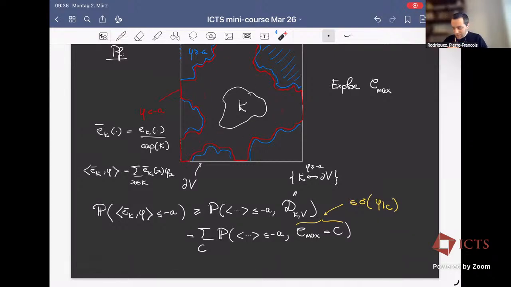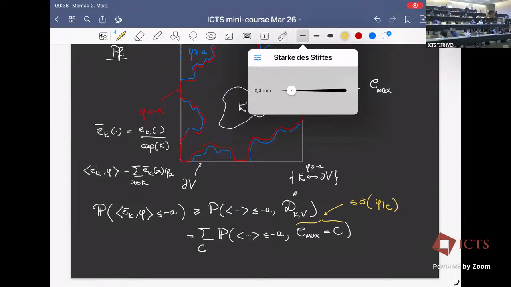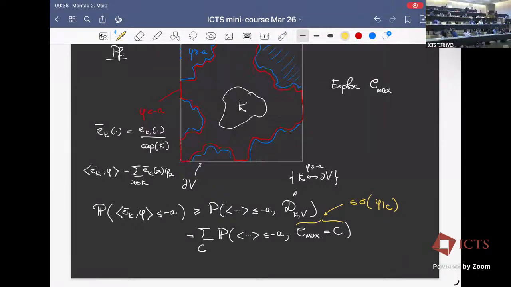Okay, and so good. So now you can use the Markov property. So the event corresponds to the picture that you see at the top.